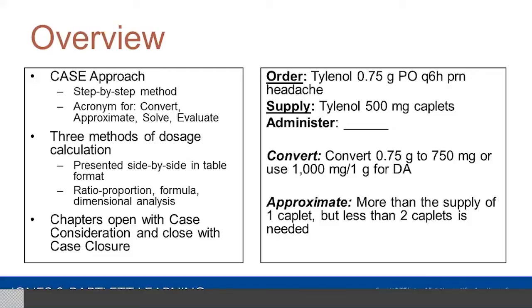The approximate step reveals that more than 1 but less than 2 tablets will be needed. If they do the math backwards, they will get 0.67 or 2/3 of a tablet. And this answer should be readily recognized as incorrect if they approximated that more than 1 tablet will be needed right from the get-go. On the next slide, we're showing the solve and evaluate steps.